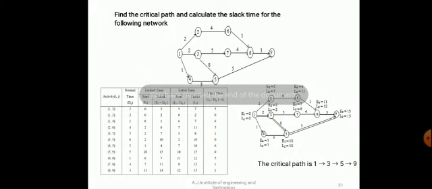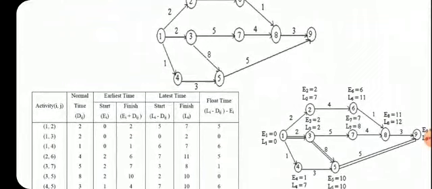This is one of the examples to find the critical path, the earliest time calculation, the latest time calculation, and the float times. How do we calculate the float times? We already know that there are three types of float times.